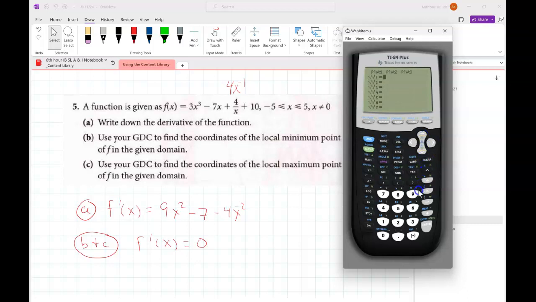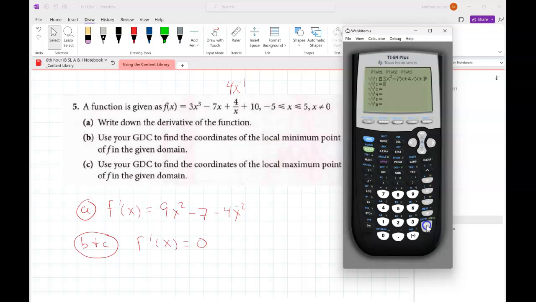Now, again, to do this on my calculator, I would not trust myself to do the derivative by hand, right? Because you could make a mistake, and then all your answers for B and C will be wrong.